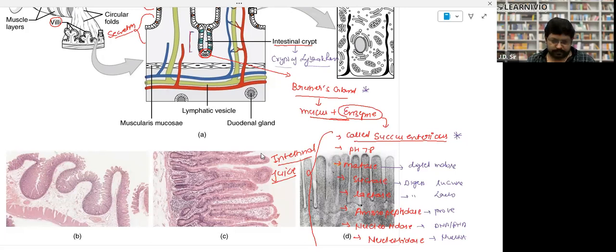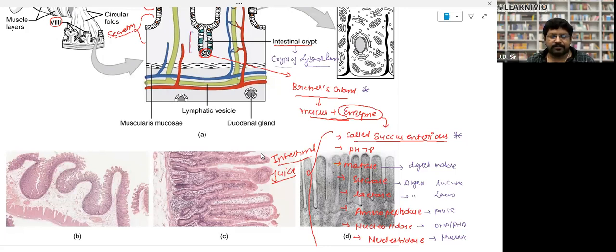Intestinal juice is also known as succus entericus. Full stop.